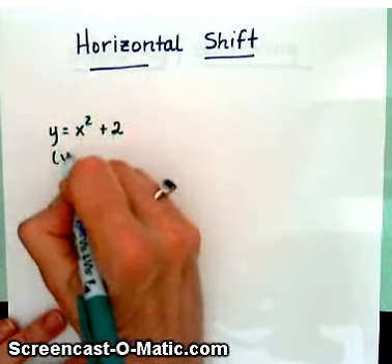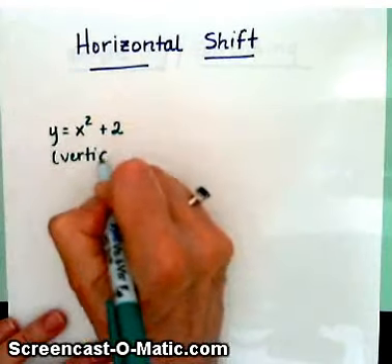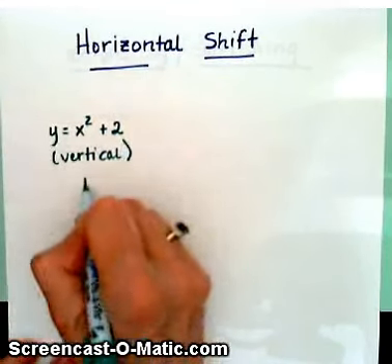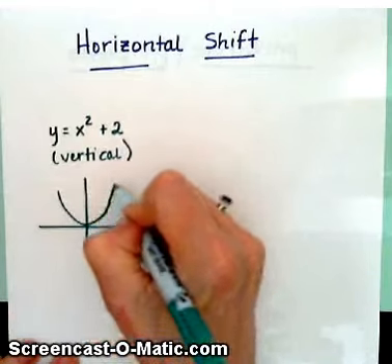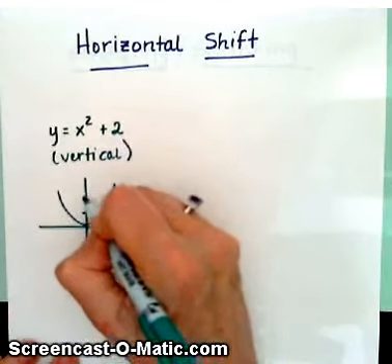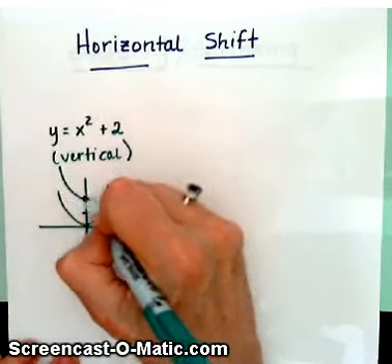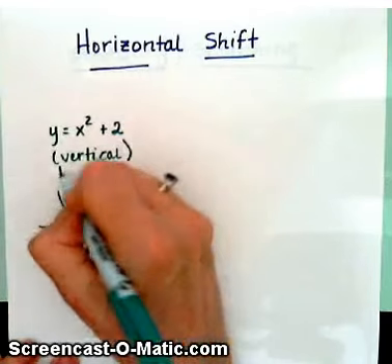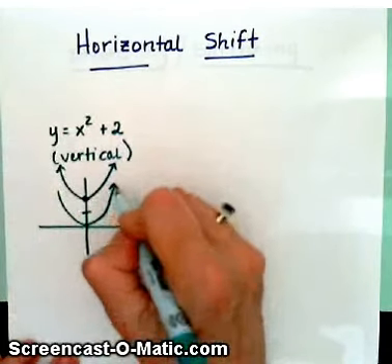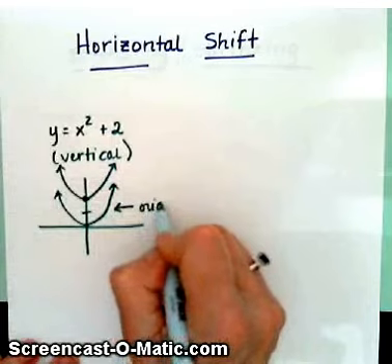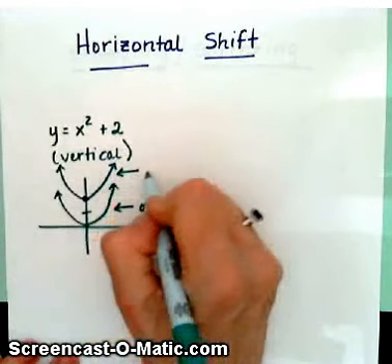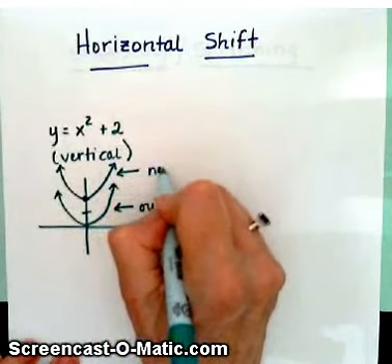Okay, this is vertical. And let me remind you what that looked like. Here is x squared. And here, 1, 2, is the new graph, x squared plus 2. Okay, so this was the original.